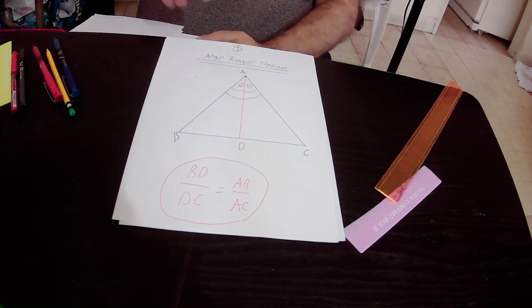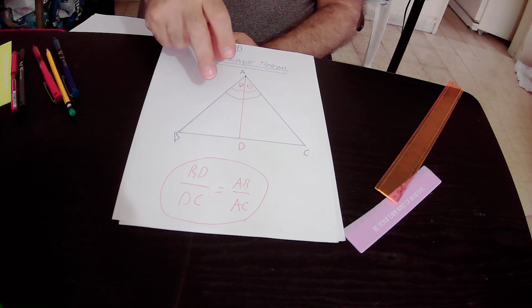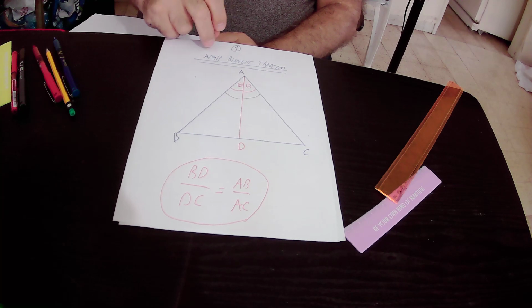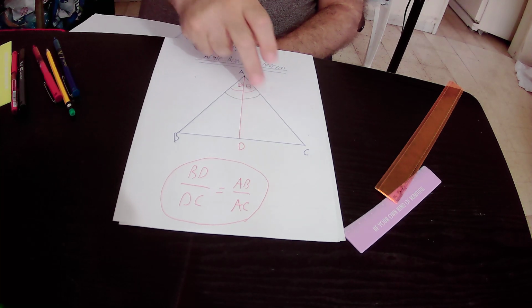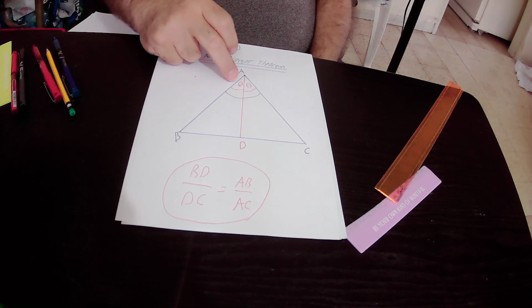First of all, AD is an angle bisector in triangle ABC because it divides angle BAC into two equal parts, alpha and alpha.